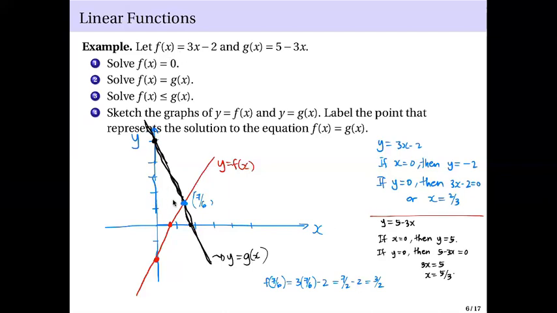So it must be somewhere up, but at least it's above the unit 1 here. 3 halves is somewhere here. But again, scaling is not accurate. Let's just label this point here as the point 7 over 6, comma 3 halves.